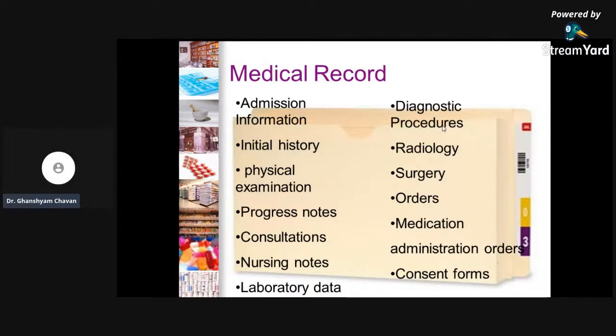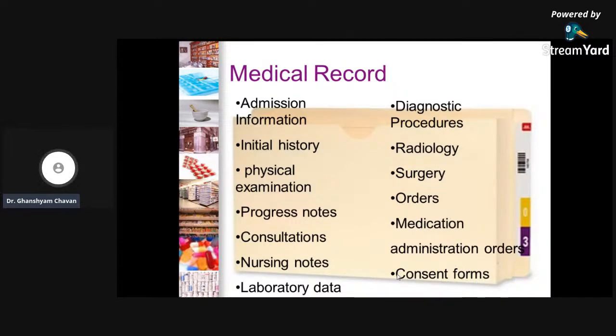For example, in case of infertility, we can check the uterus of the woman by some testing like HSG. Next is radiology. By doing a chest X-ray, we can identify how much mucus has developed or whether pus is there or not. That we can check. And surgery, by doing surgery also we can get information.